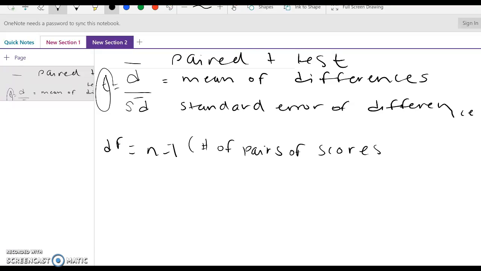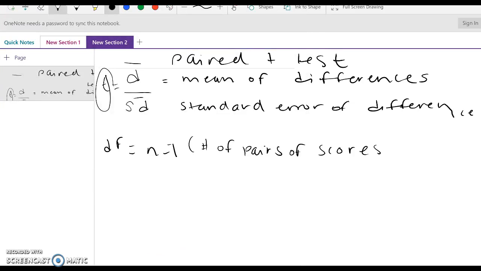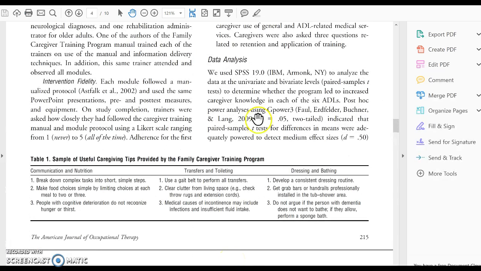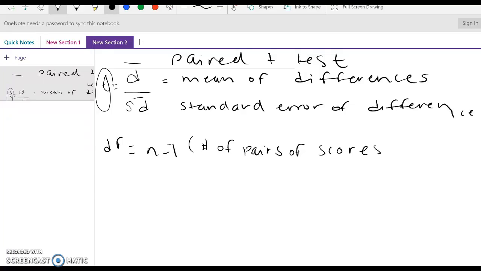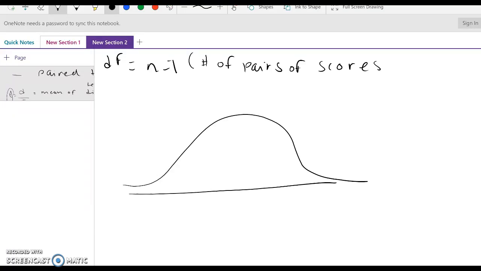Now, let's talk about the one tail, two tail, because here you see one tail, and then here you see two tail. Back in the study, they told us that we're going to use an alpha level of 0.05 and that it's two-tailed. Now, let's go back to our chart of normal distribution, okay?